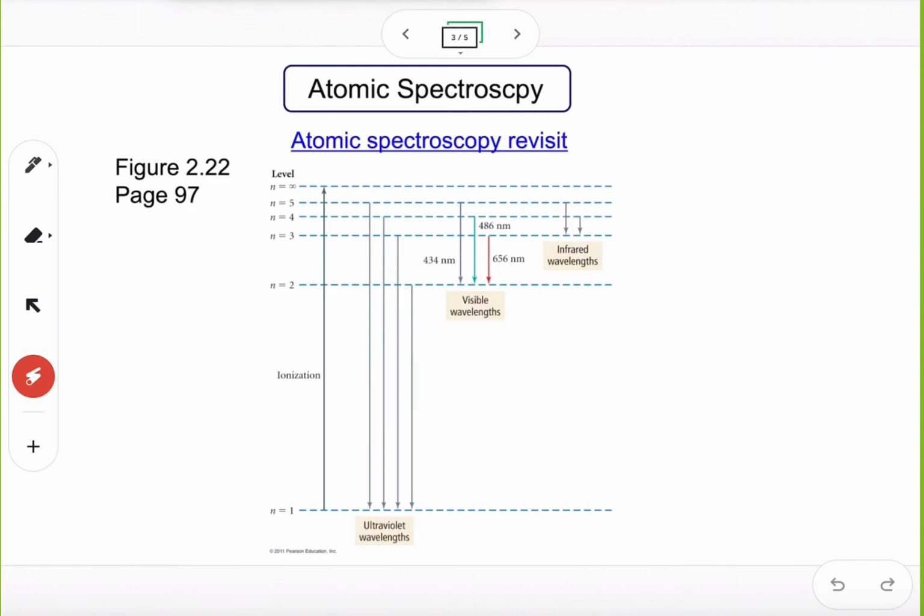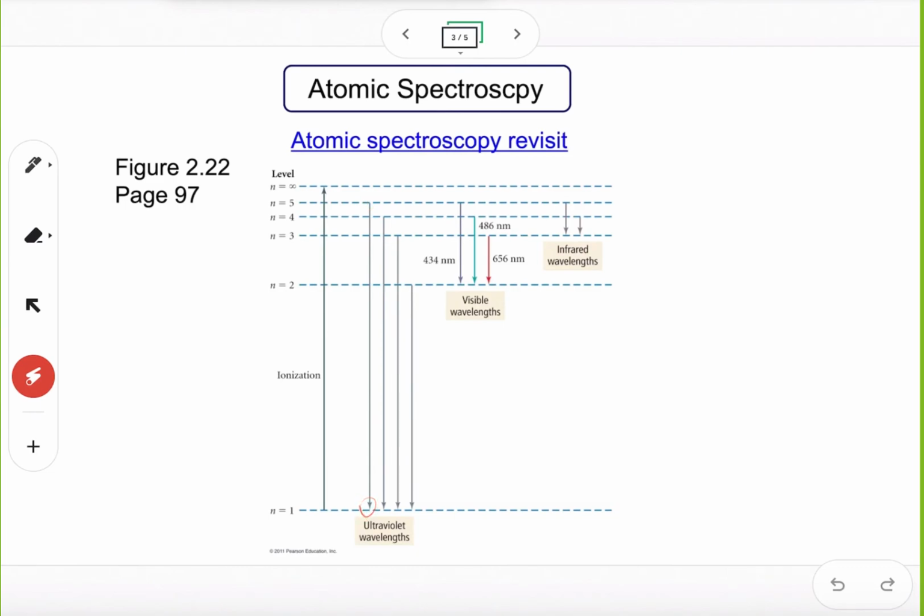And here it's the same thing. When you have an electron at the high energy level, when it goes back to the low energy level, that energy difference will be released in the form of light. That's the basic mechanism.